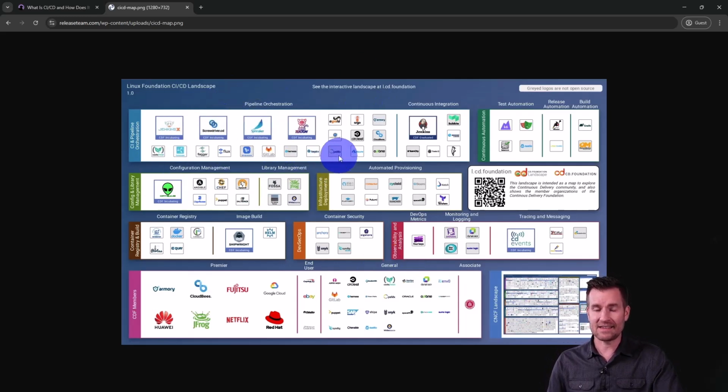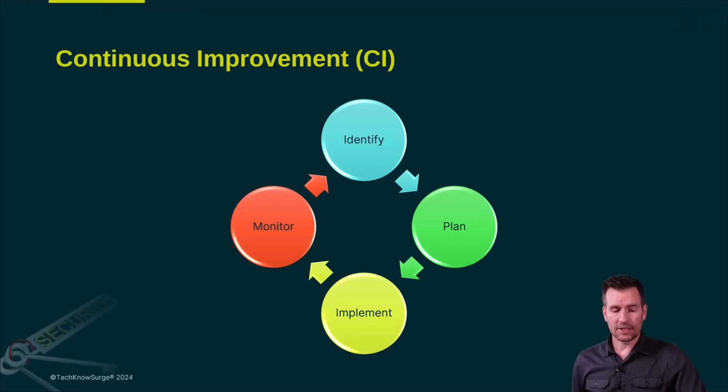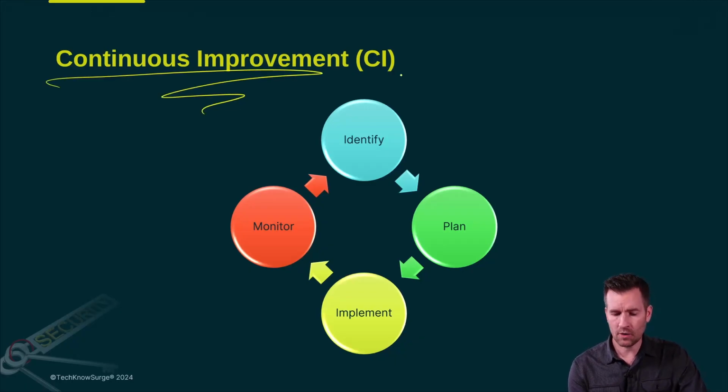In a lot of these cases, it's deploying code, but we can use it to deploy infrastructure. And we'll talk about infrastructure as code here in a second. But we can automate things and deploy with things like Jenkins, and we can utilize this software for these deployment purposes. The term continuous improvement, or CI, by itself just means we're constantly improving things.